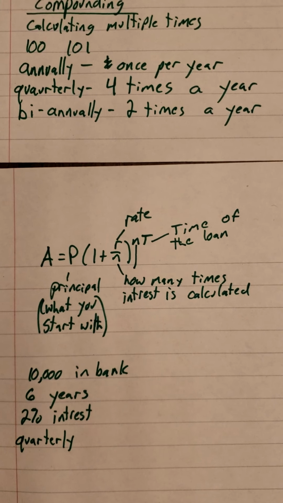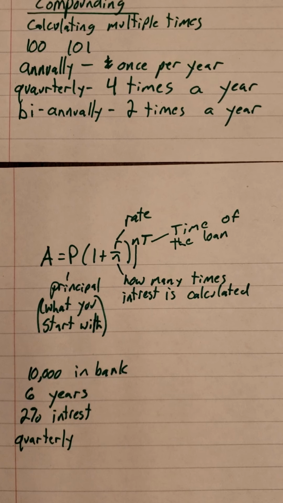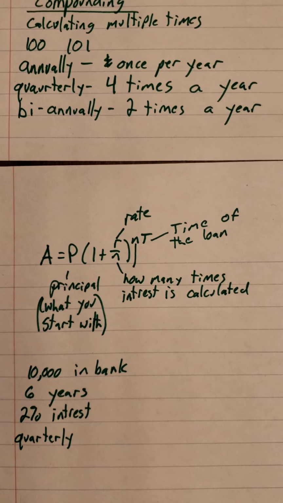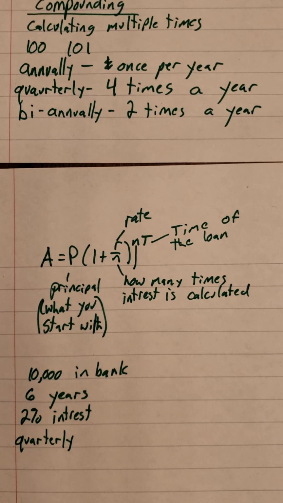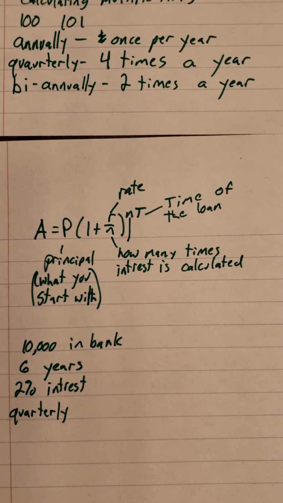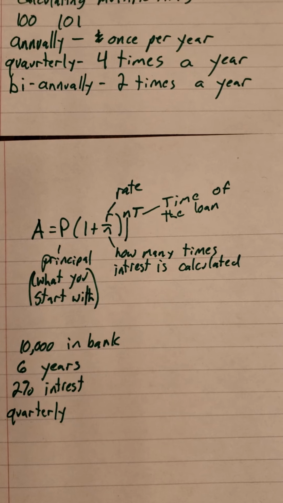So that's all the information that you need to go and plug this in. So this might be something where you inherited some money, you won the lottery, whatever it is, you're tucking some money away in a bank account, and they're going to give you some interest because they're going to want to lend that money out to somebody else.